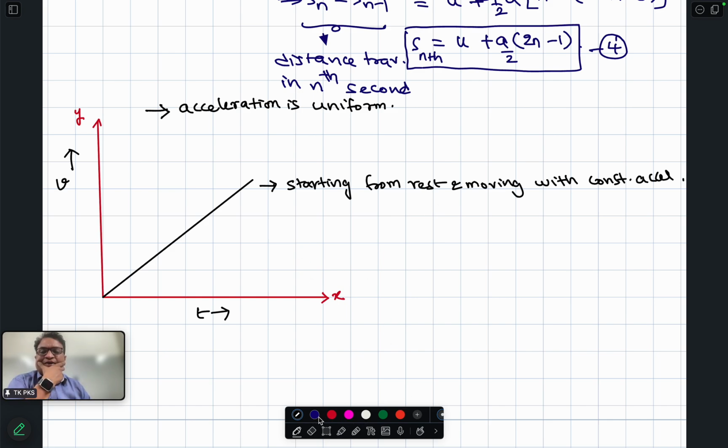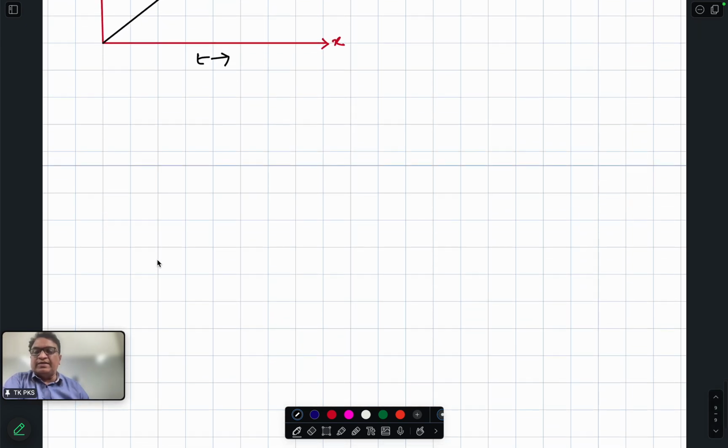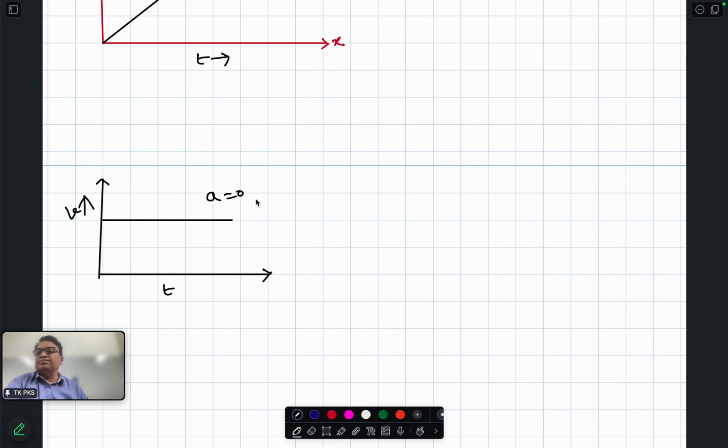Suppose you find a graph something like this. In this velocity versus time graph, the acceleration is 0. There is no acceleration.